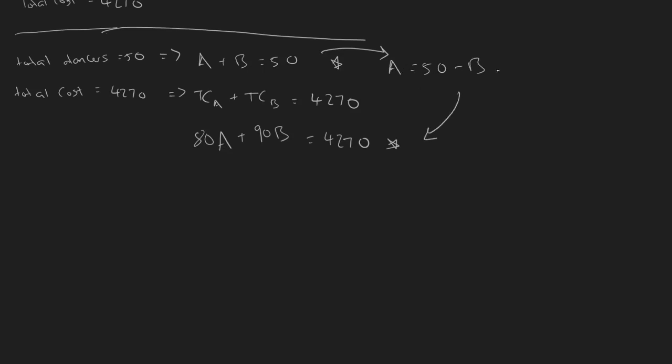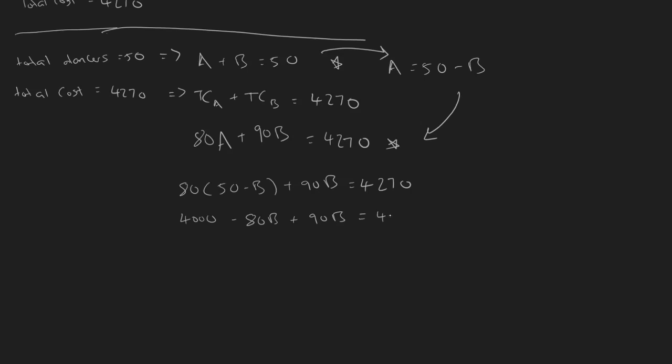So putting A equals 50 minus B into this equation gives us 80 times A, which is 50 minus B, plus 90B equals 4270.